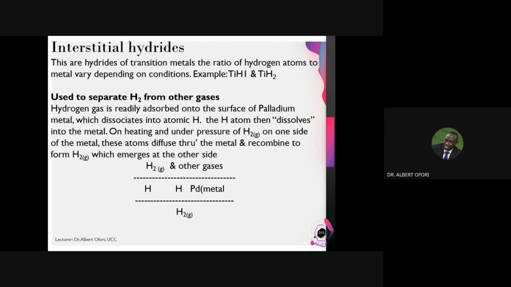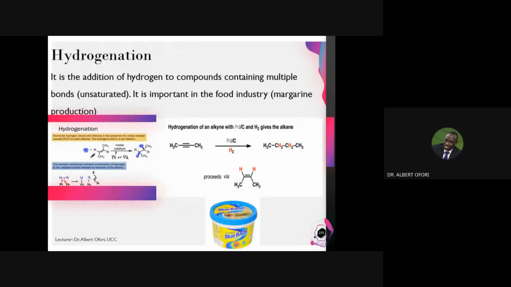In terms of the applications of hydrogen, we use hydrogen in organic reactions, for example, hydrogenation. So we are converting a triple bond or a double bond to a single bond, meaning we just need to push in more hydrogens so that we can break these bonds and then form the single or the straight chain.